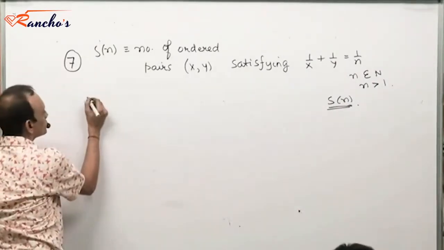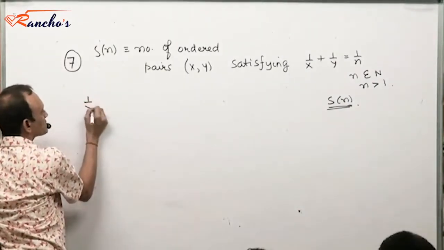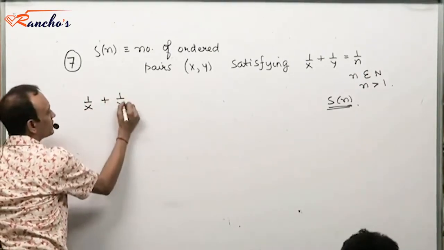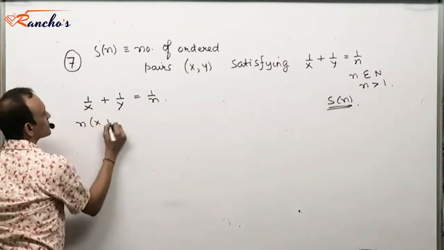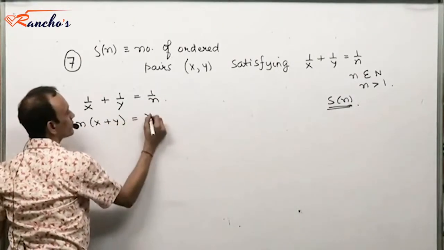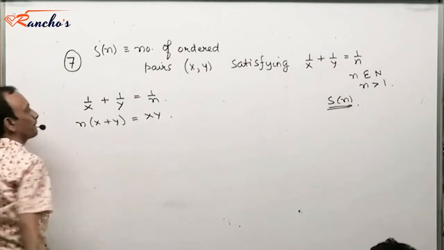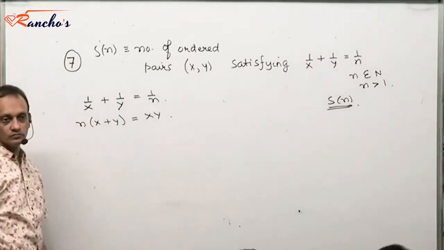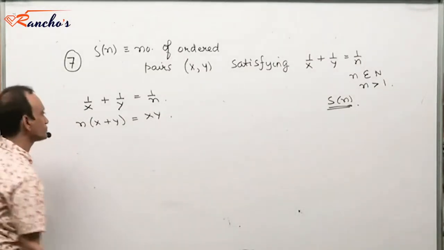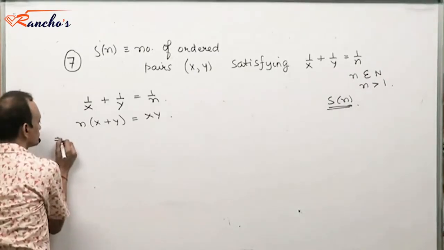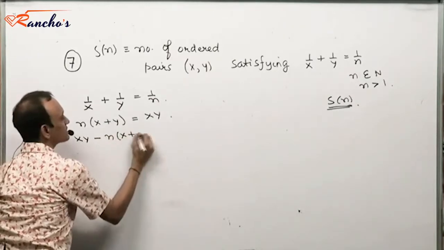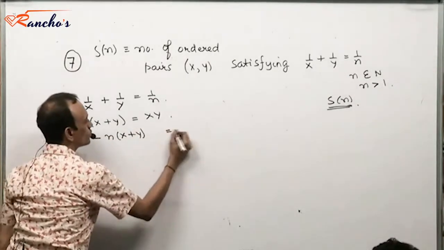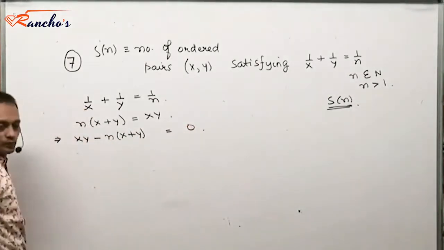Now, look, 1 by x plus 1 by y equal to 1 by n is like n into x plus y equal to xy. Yes or no? Or xy minus n into x plus y is 0. Right?